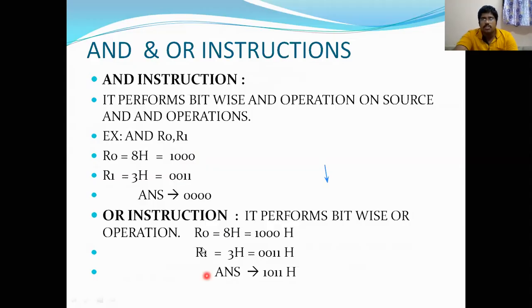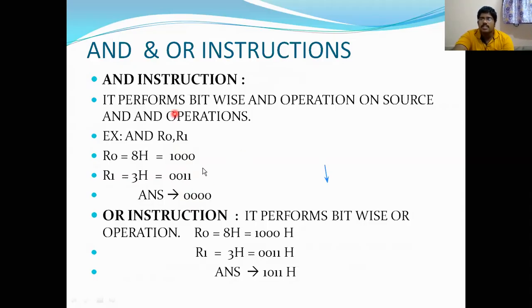Here also the output will be 1 when both the inputs are 1. But here, one input is 0 and the other is 1, so both are not 1s. So the output is 0. Similarly 0 1, the output is 0. 0 0, the output is 0. 1 0, the output is 0. So altogether you have got 0 0 0 0 H as the output.